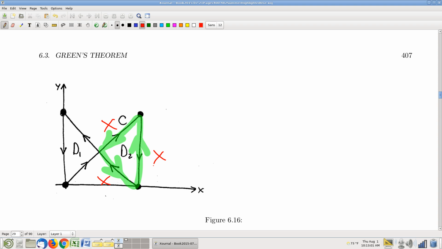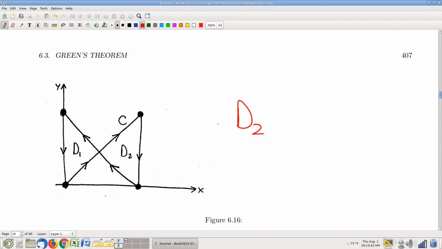But sometimes bad news is not that far off from good news. It's true that these orientations are going the wrong way, but here's another way to say that. They're all going exactly the wrong way. So in fact, one way I could write this is, let's think about negative D2.